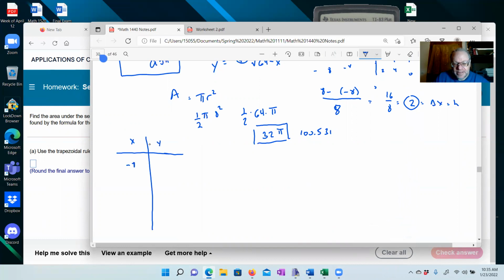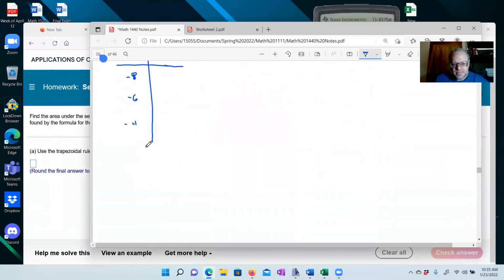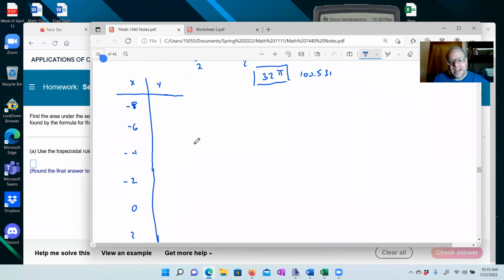We have -8, -6, that's an 8 by the way, sorry, -4, let's keep going down here, -2, 0, and then we have to do 2, 4, 6, and 8, okay? Times like this, you'd like some lined paper rather than just doing it freehand, but there we are.